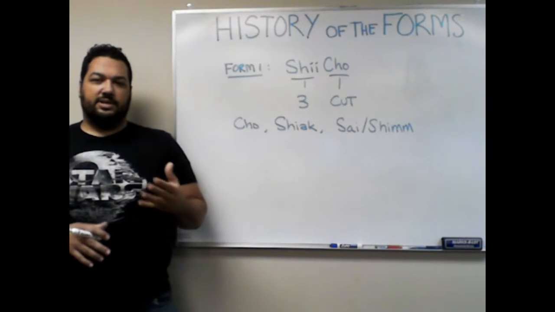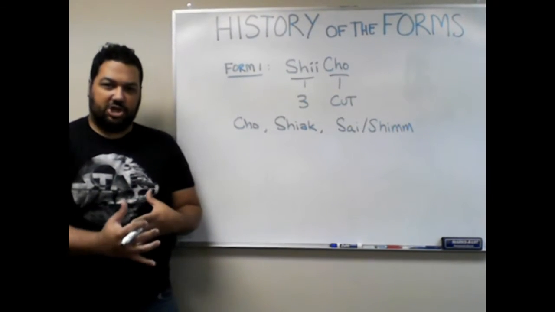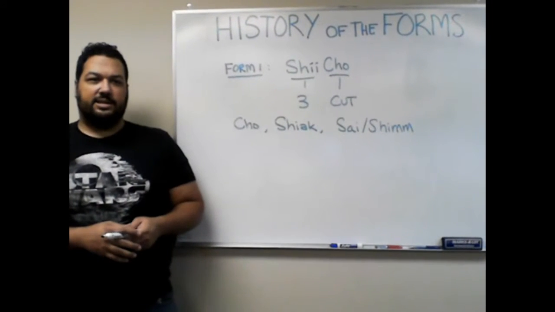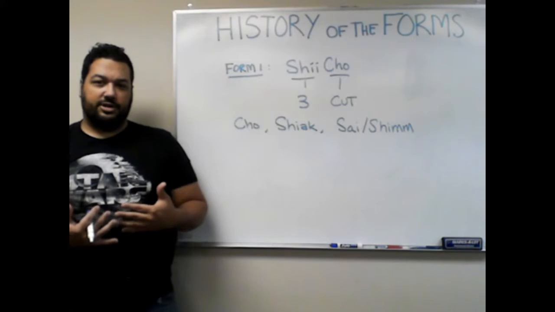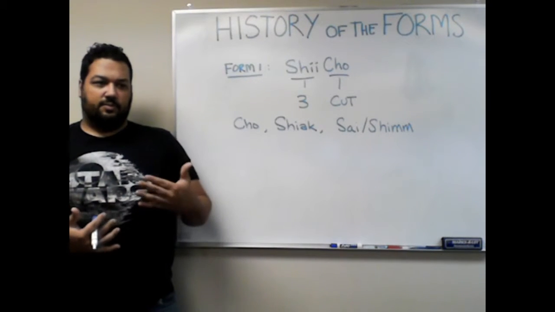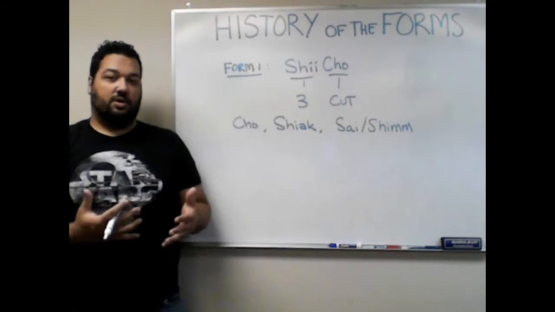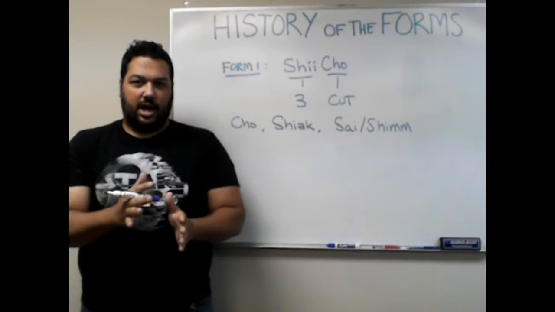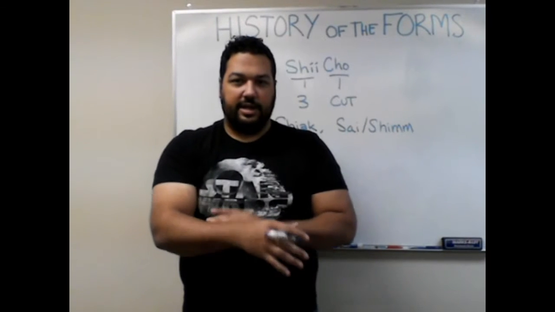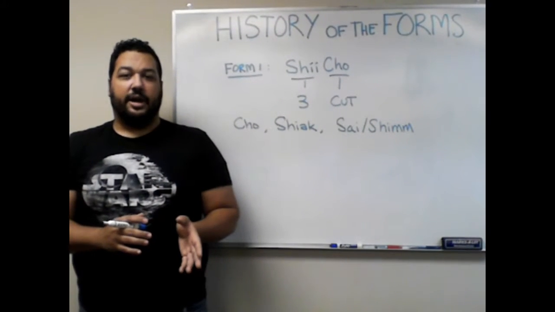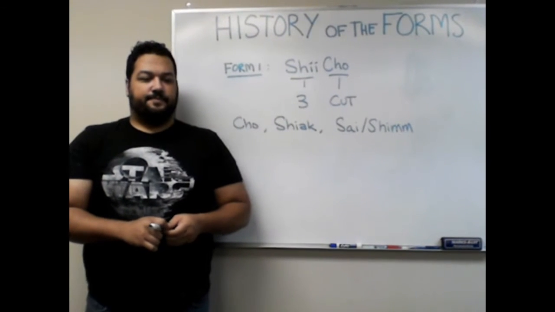It's all about using timing and positioning to attack the opponent, then cover yourself and get back into a good position. So Shii Cho is a very positional art. It's all about lining up your shot, taking it very quickly, and then reestablishing a good position so that you're ready for the next guy coming in.